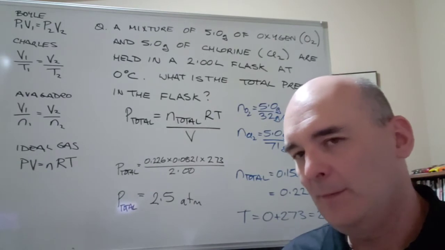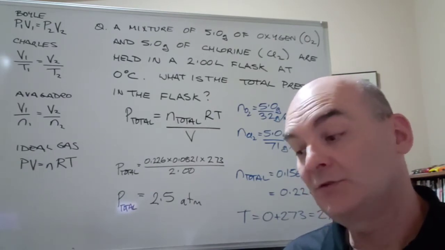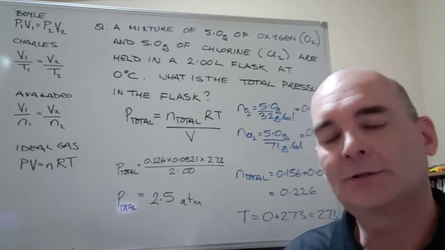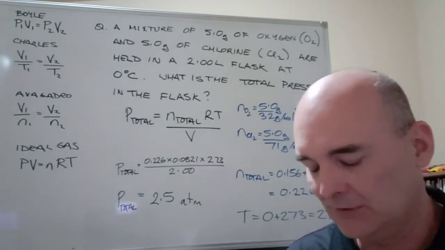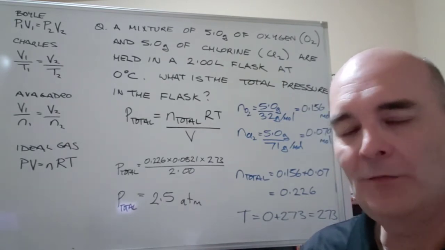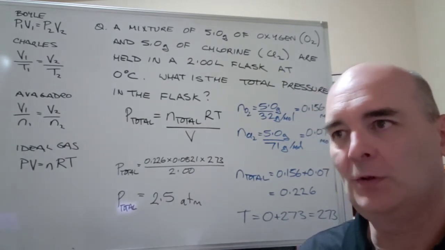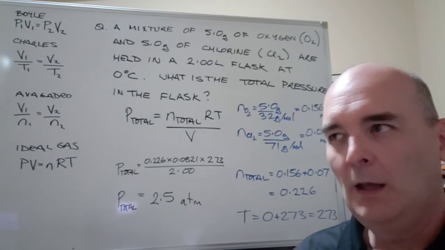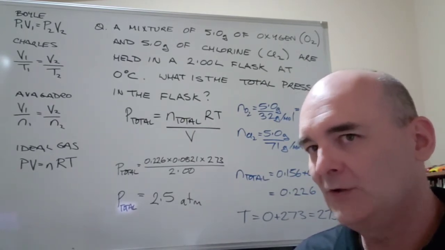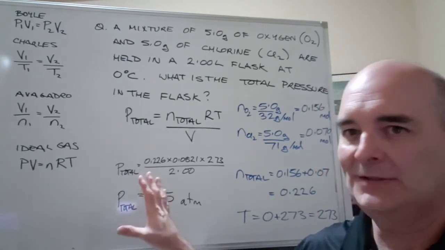This is a question about a mixture of gases. So at some point, this is a Dalton's law question, because Dalton's law says that the total pressure is the sum of all of the individual partial pressures. But I don't actually need to find the individual partial pressures to get to this answer.